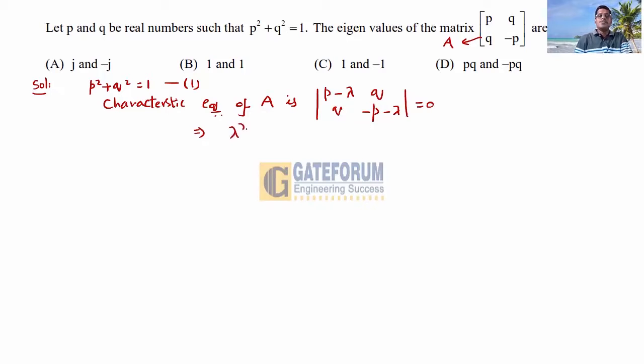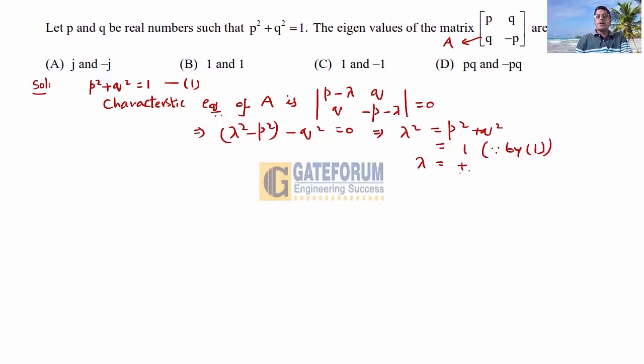I can write this as lambda square minus p square, the product of the diagonal elements, minus the product of the non-diagonal elements, equal to 0, which implies lambda square is equal to p square plus q square. Shift the negative terms to the right side, which is given as 1, p square plus q square value 1, since by equation 1. So lambda is equal to plus or minus the square root of 1. Before finding the square root, put plus or minus 1. So therefore lambda is equal to 1 and minus 1.